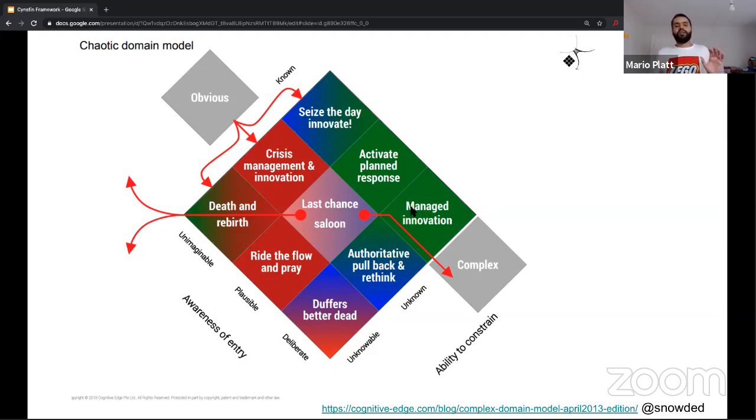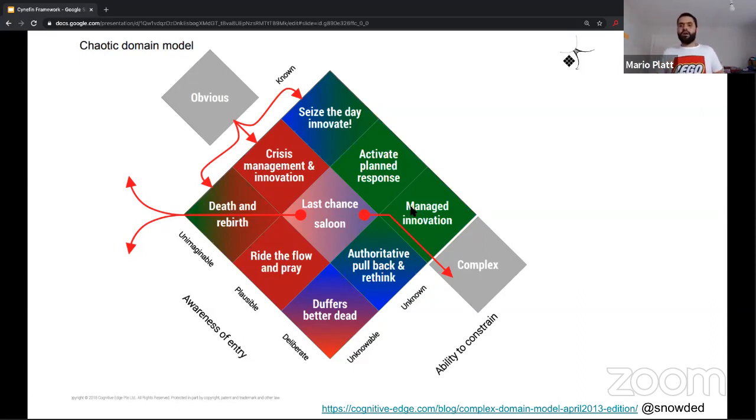Right? So here we have on one side awareness of entry, which ranges from being deliberate, so I chose to go there, to being plausible. So it's a scenario that I could foresee, though I may not have planned for it. And finally, unimaginable, right? I didn't expect I'd be facing this situation. On the other side, we have our ability to constrain the situation, because the way out of chaos is through constraints.